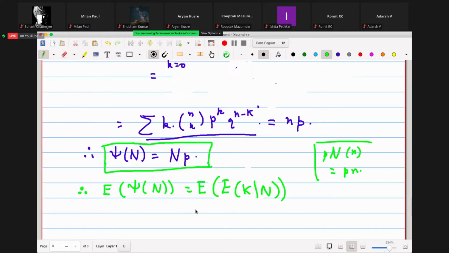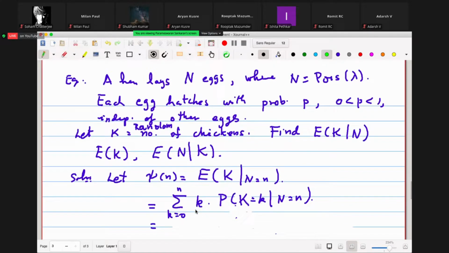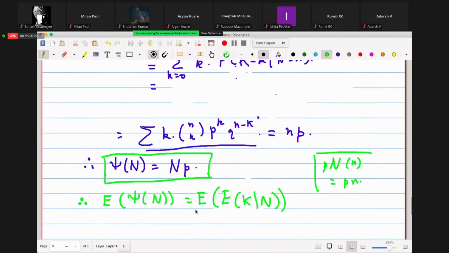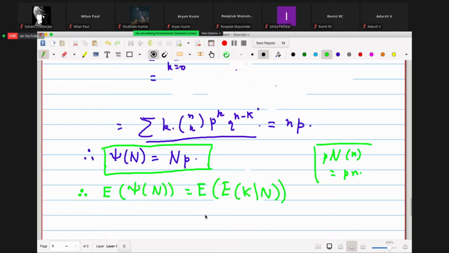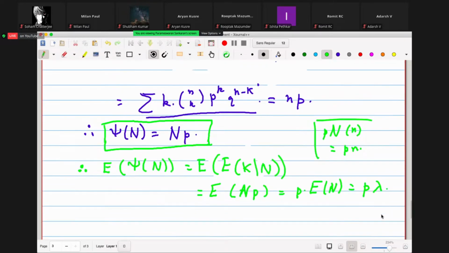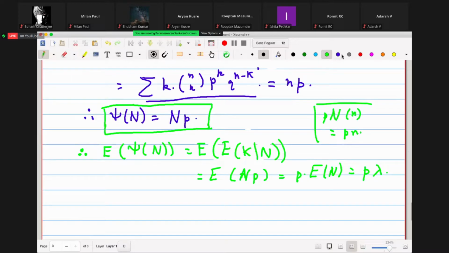It doesn't matter, it's not asked, we don't need it. But anyway, I started writing, so let me write this. Expectation of capital N times small p is equal to p times expectation of N, which is equal to p times lambda. So you can compute this also, there's no problem. Okay, let's switch back to blue color. And now, what do we want to know next? Expectation of K.